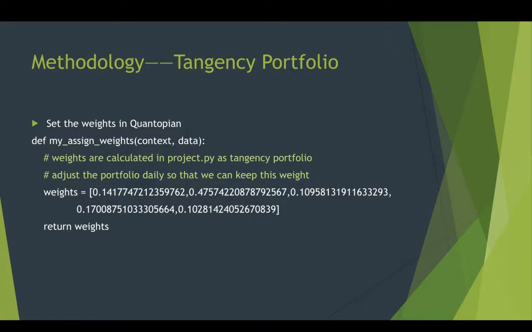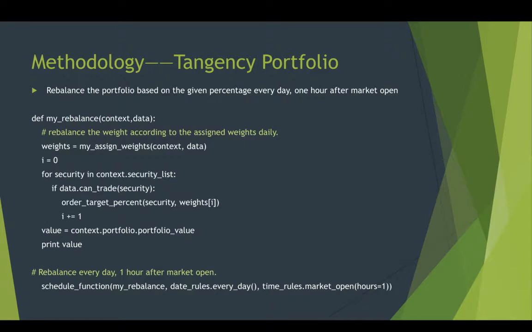This is the result we found, and we can try to build a tendency portfolio using these weights. But because the stock prices change every day, we need to adjust daily in order to keep the weights the same. So we first define rebalance in Quantopian.